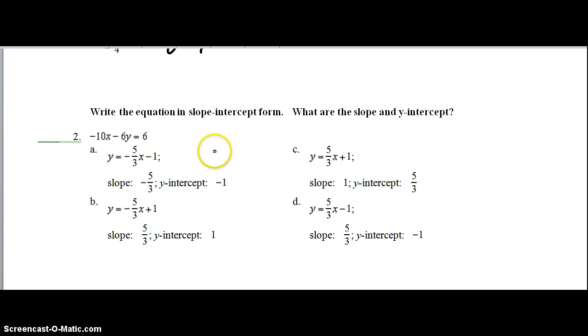So let's move on. Next question, what is the equation in slope-intercept form? What are the slope and y-intercept? Well, let's go ahead and get to slope-intercept form, which means solve for y. So let's get the 10x over here.